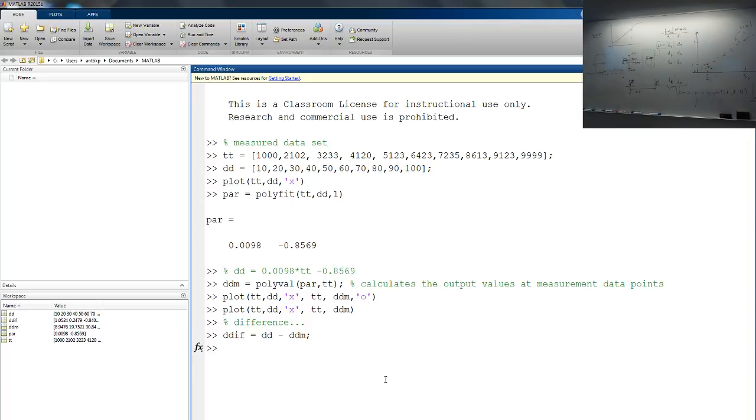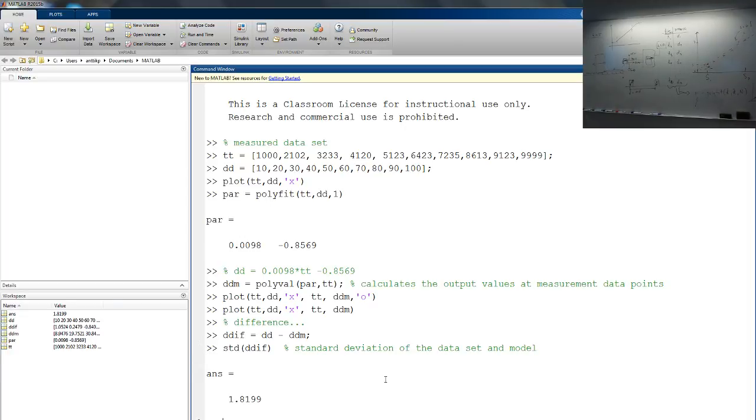And then we just do the STD of DDIF, standard deviation of the data set and model.